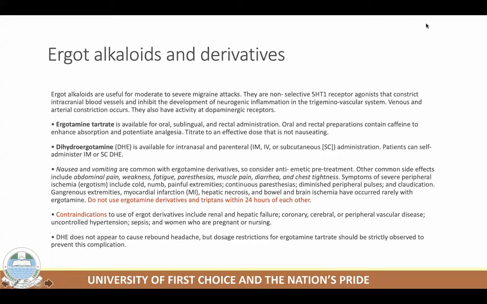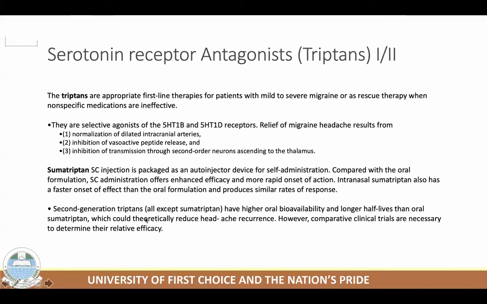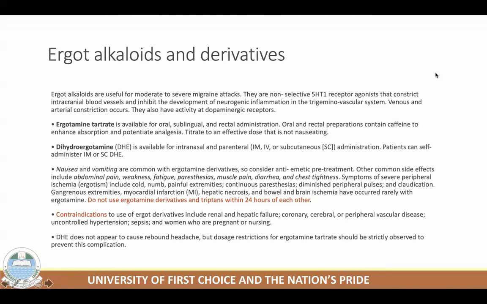The second class of medicines is ergot alkaloids. I had mentioned that ergot alkaloids are useful for managing migraines. They're useful for moderate to severe migraine attacks. They're non-selective 5-HT1 receptor agonists that constrict intracranial blood vessels and inhibit the development of neurogenic inflammation in the trigeminal system.